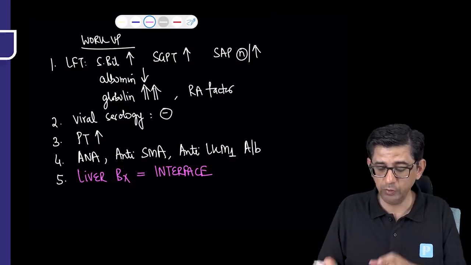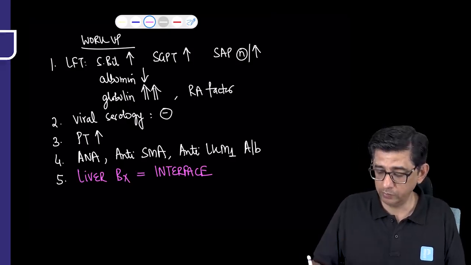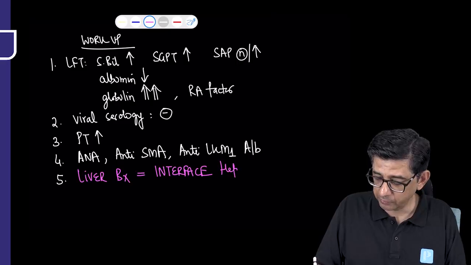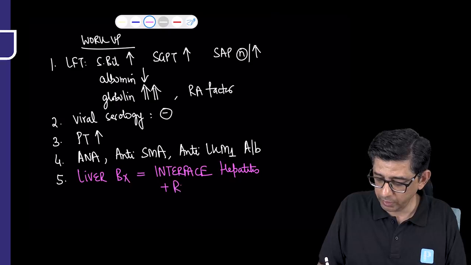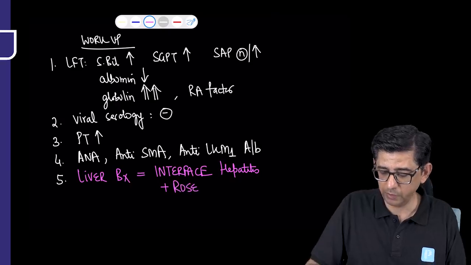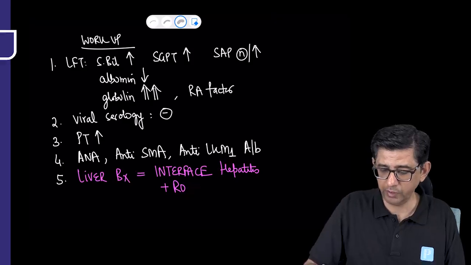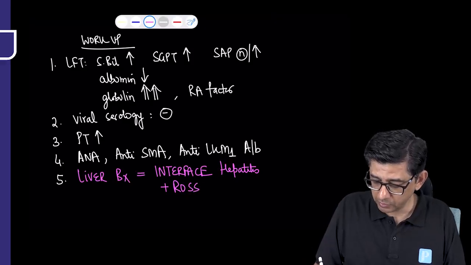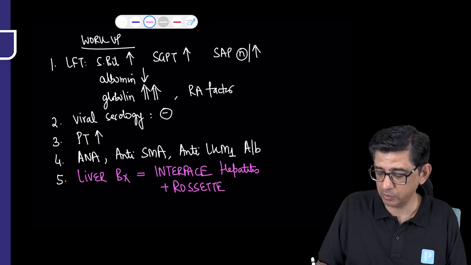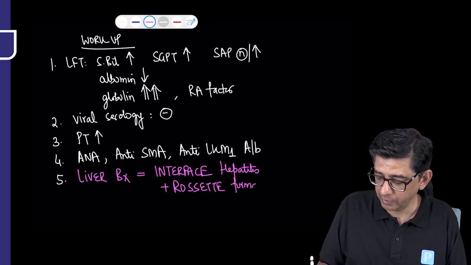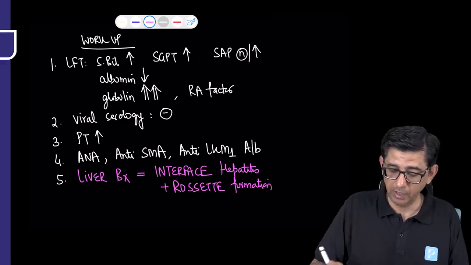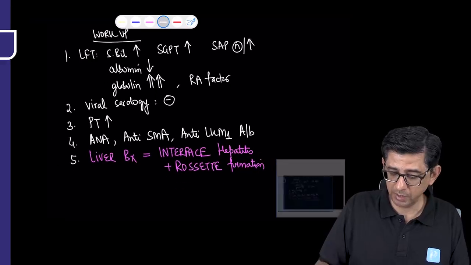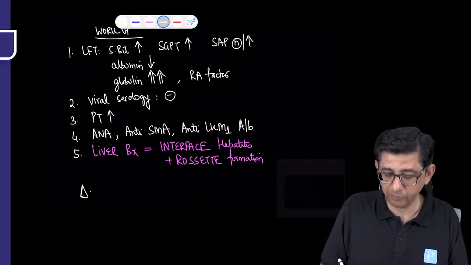He will himself give you the liver biopsy finding, and every time you read these two terminologies, interface hepatitis and rosette formation, think of this condition. The reason for this rosette formation is the regenerating hepatocytes, and the disease can affect even the blood vessels affecting the liver.